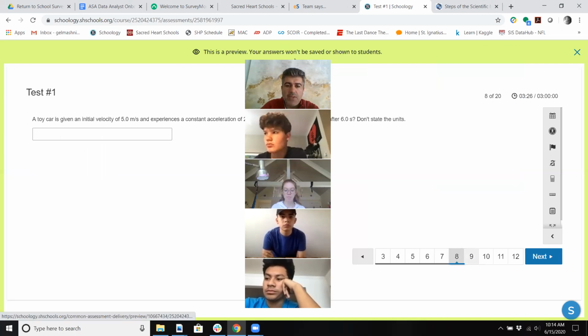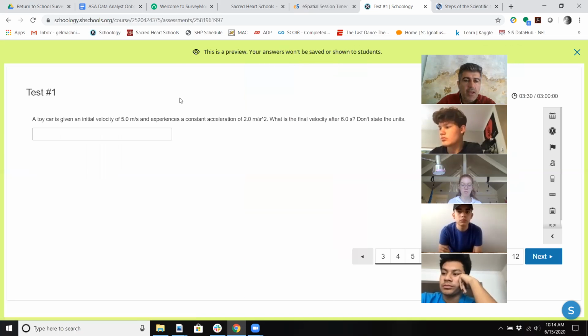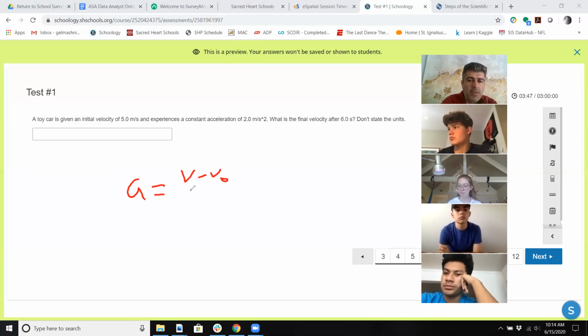For number 8, now we actually have a calculation problem. You have an initial velocity of 5 meters per second and a constant acceleration of 2 meters per second squared. I want the final velocity. So remember, let me put my stylus here. Acceleration is a change in velocity over time. You know your acceleration is 2.